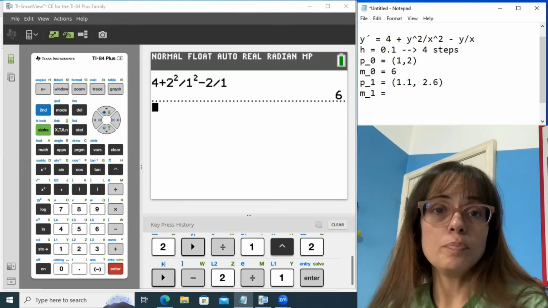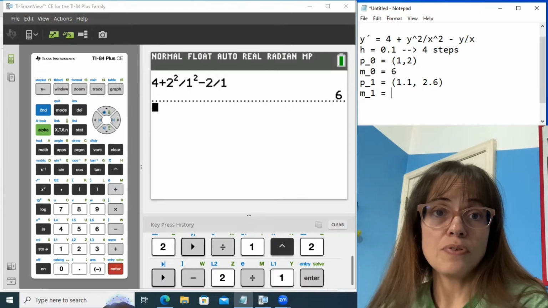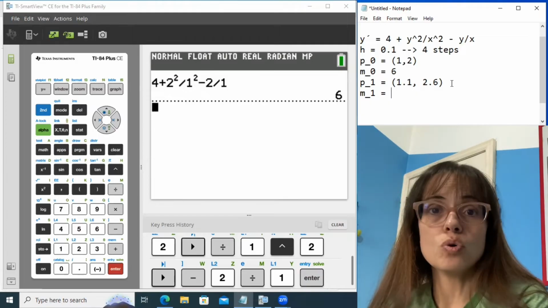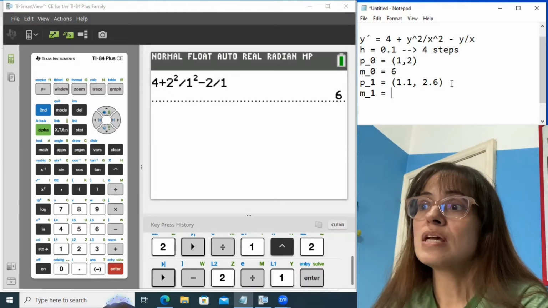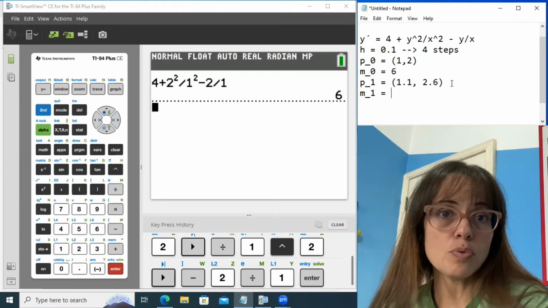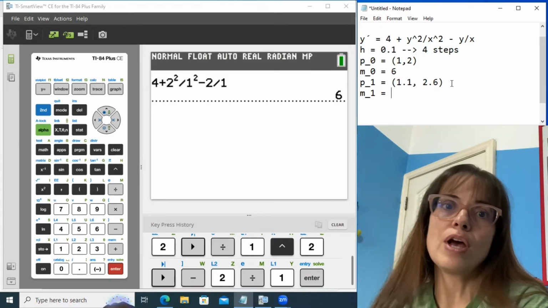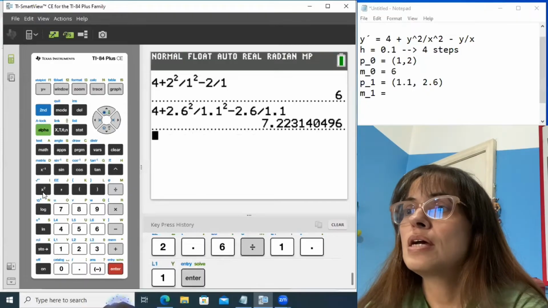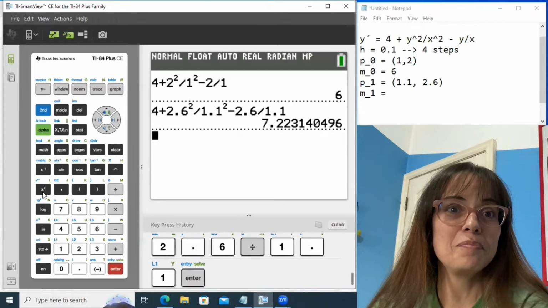Okay, so from point P1 now, we again need to find the slope at that point by plugging in these new coordinates, 1.1 and 2.6, into the same differential equation to find out the new value of y prime. So you can just type that in there, and the new slope is this.